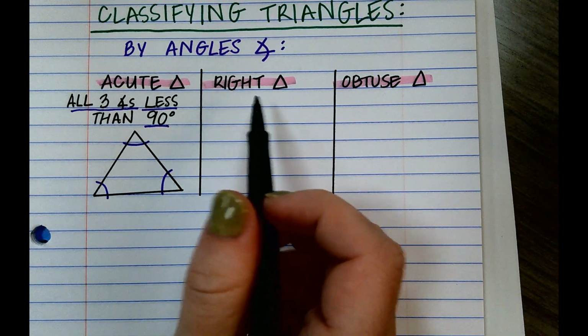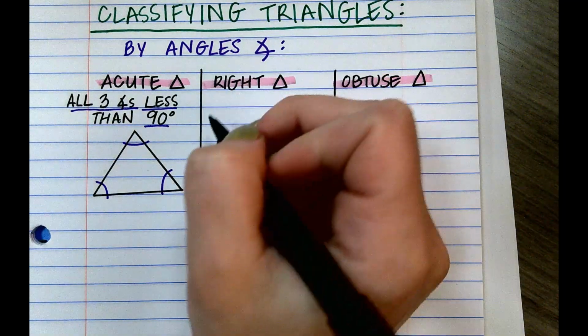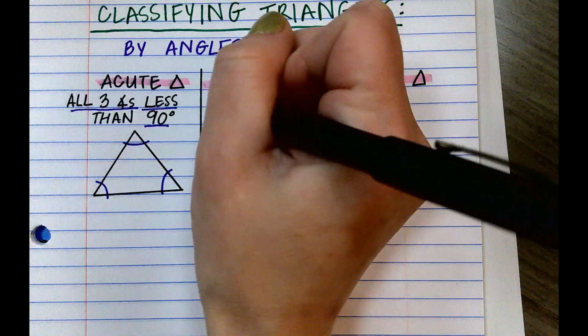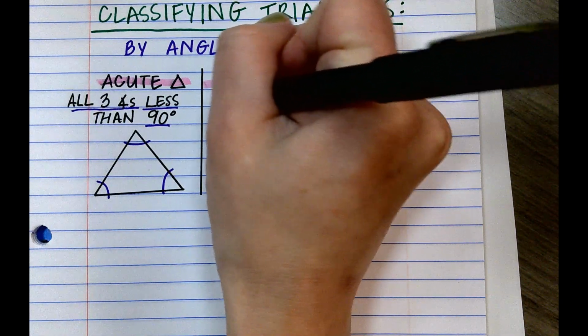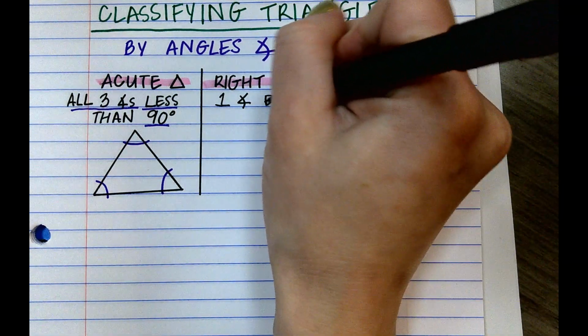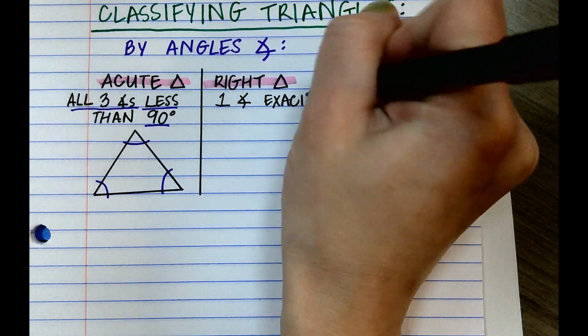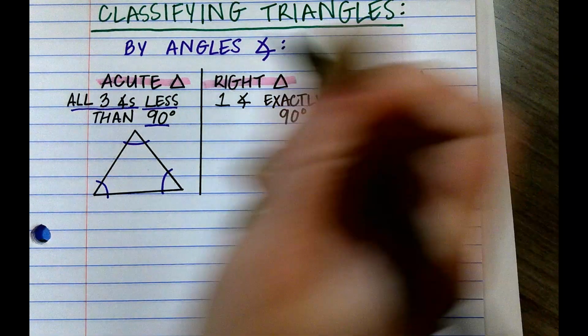Now your right triangle is just going to have one angle that's exactly 90 degrees.